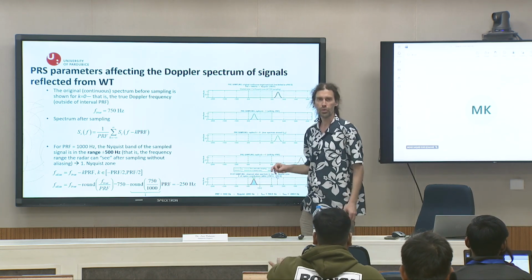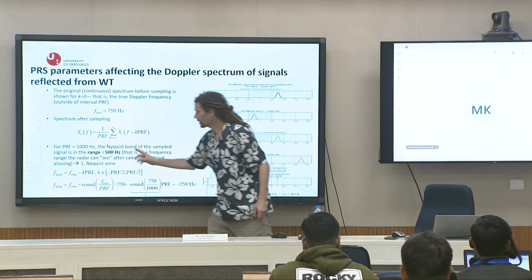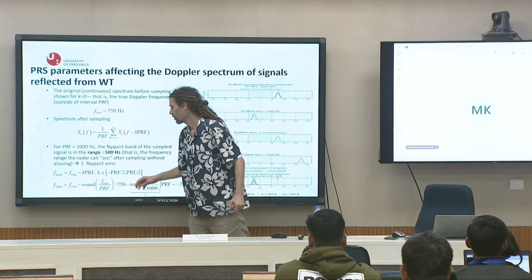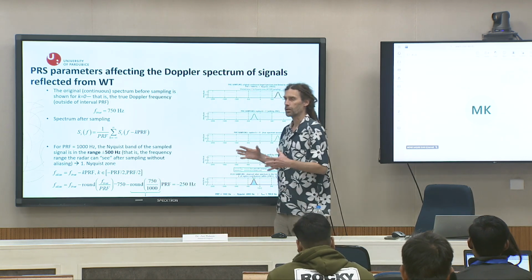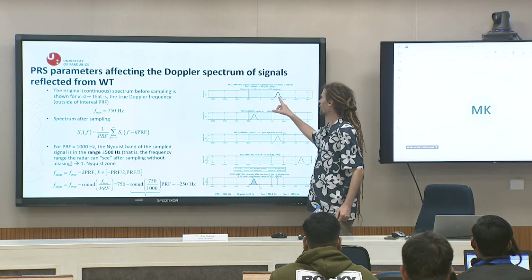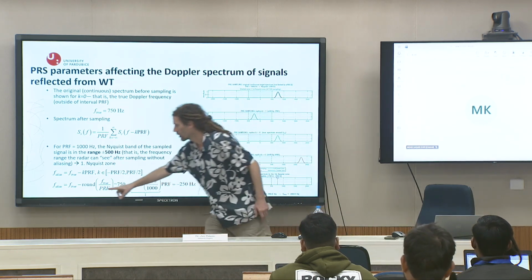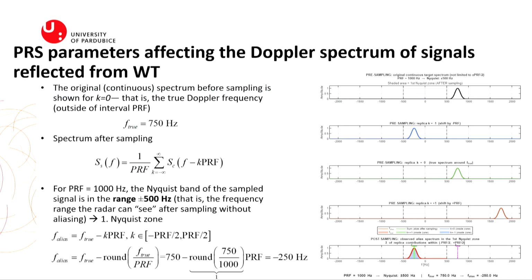So due to aliasing, due to this limitation of our range plus minus 500 Hertz, our reflection will not be visible at this frequency, but the aliased frequency will be the right frequency. It is 750 minus round of f divided by PRF, and if you compute it, it is minus 250 Hertz.